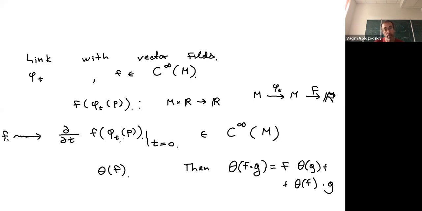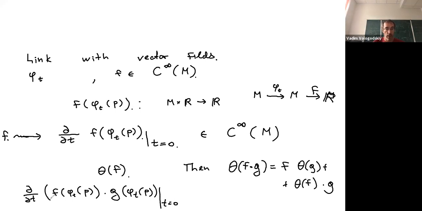Let me do this computation for you. It's very simple. What I need to compute is d over dt of f of phi t of p times g of phi t of p, and I must take the derivative and then evaluate it at t equals 0.